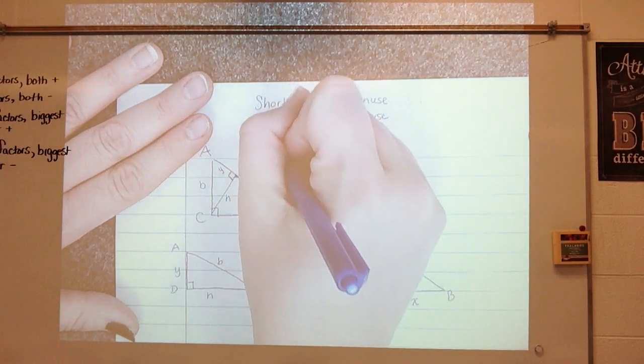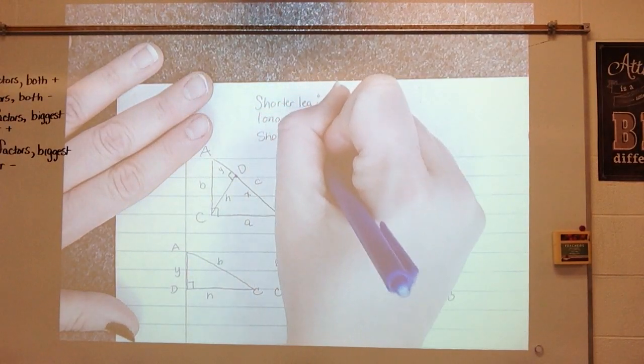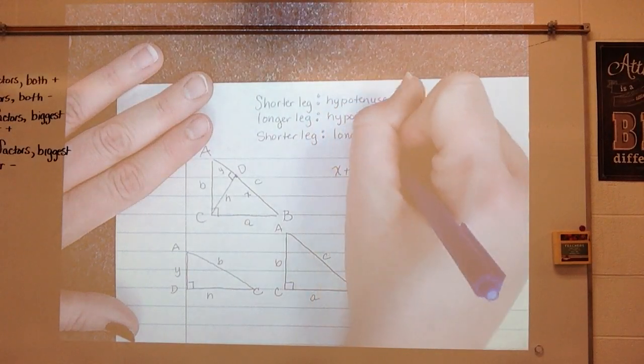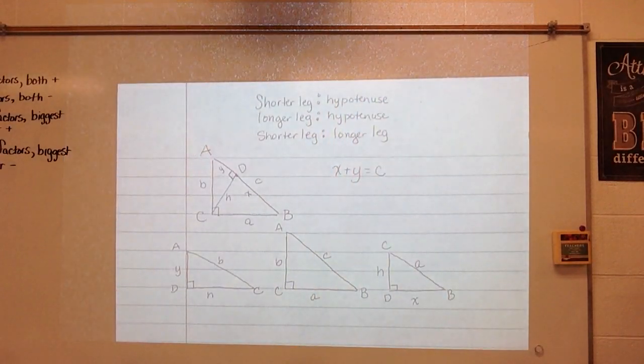Or we can look at the shorter leg to the longer leg. We used this a little bit in the lesson where we were looking at similar triangles. So these are some of the ratios that we used in our similar triangle lesson.